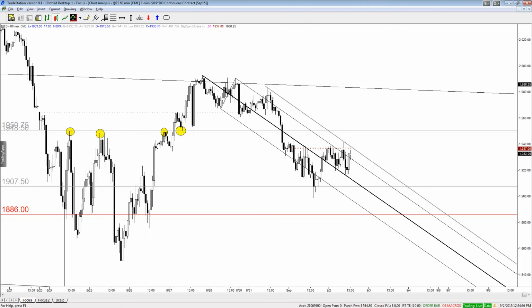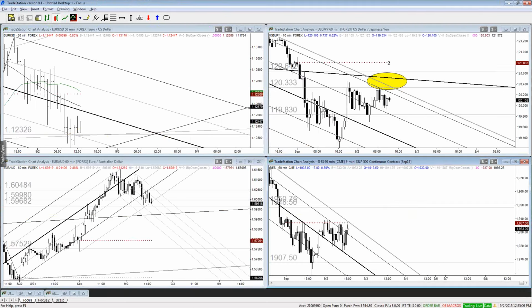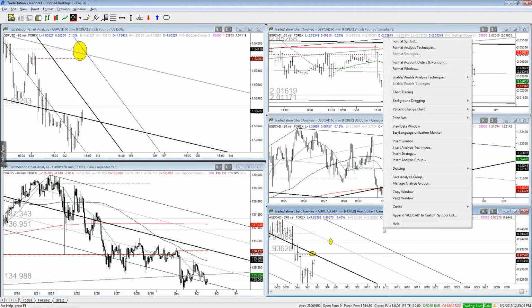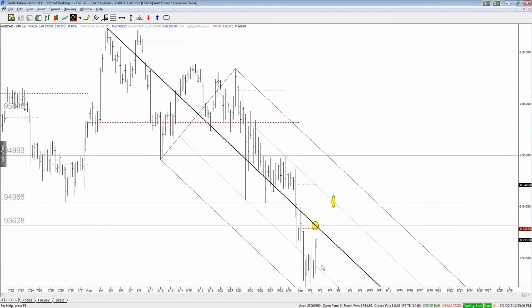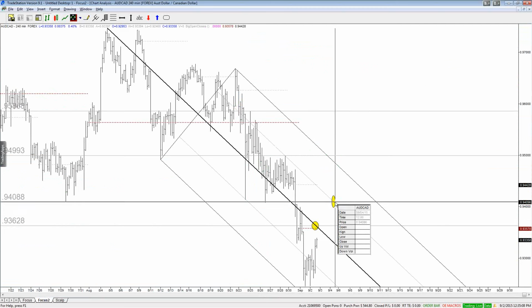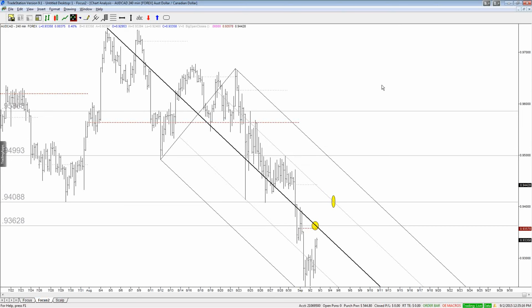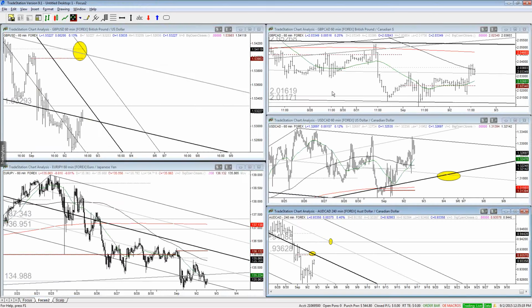Raj says, as soon as it comes to 94, do you short or see what's happening first? Well, again, if it comes to 94 and it's at slope resistance at the same time, then yeah, you'd probably just want to short at market, put a tight stop. That's how I would look to do it.